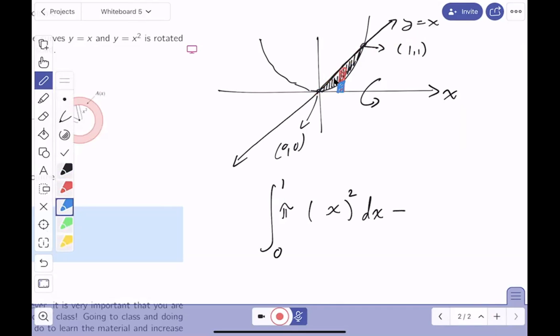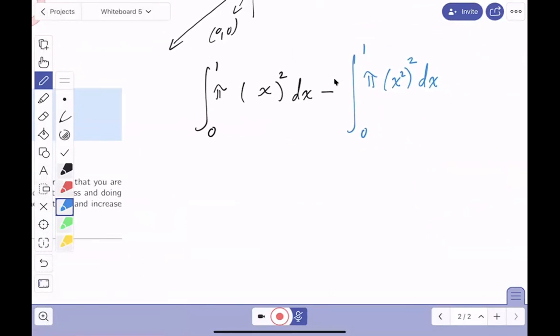It's a disk, I'm removing it. So let's put that down for you. Minus the integral from 0 to 1 of pi r squared dx. I've got to figure that out. And what's over here? Well, y equals x squared. So we go over here, x squared.